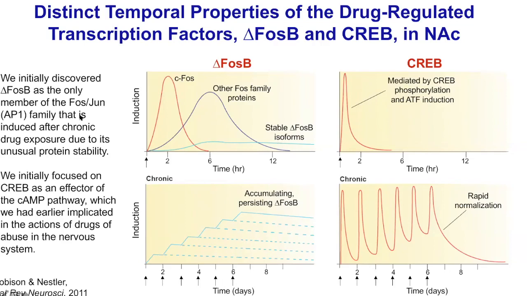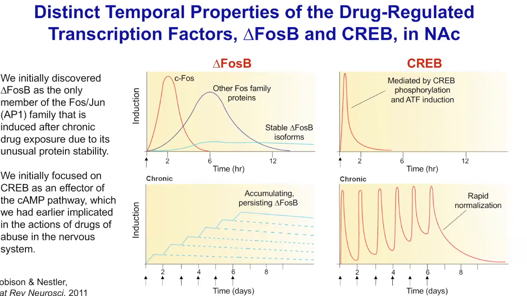CREB, the other transcription factor we focused on, shows a very different type of time course. And we came across CREB because it was a known effector of the cyclic AMP pathway. And we identified the cyclic AMP pathway very early on, over 30 years ago now, by doing what we would now call proteomic work, two-dimensional gel phosphoprotein electrophoresis, and identifying many substrates of protein kinase A being upregulated in the context of drug addiction.